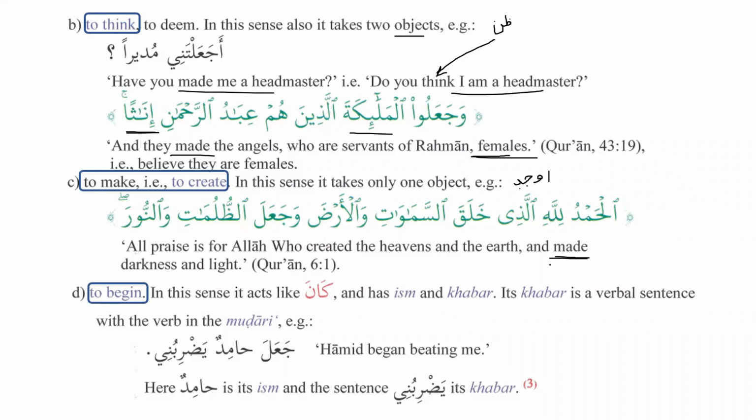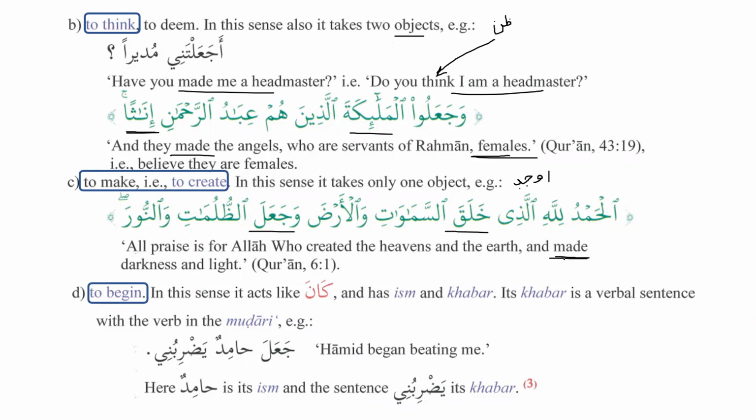So in either case, what we have to see over here is that sometimes it's the perceptive meaning. Perceptive meaning means something that you perceive by your heart or by your mind, and it's not the actual meaning. The real word that is used for creating is khalaqa.